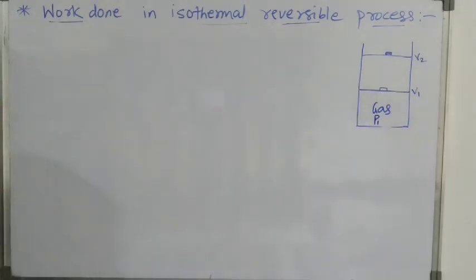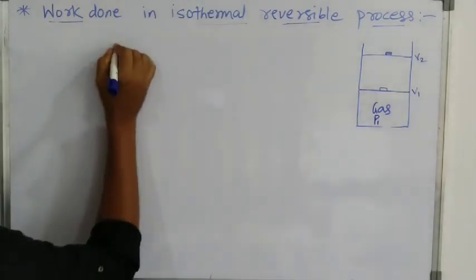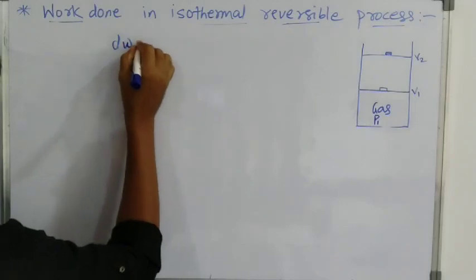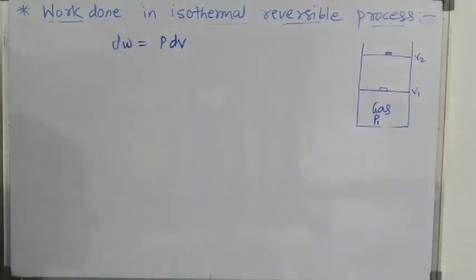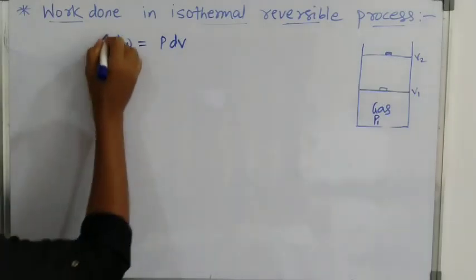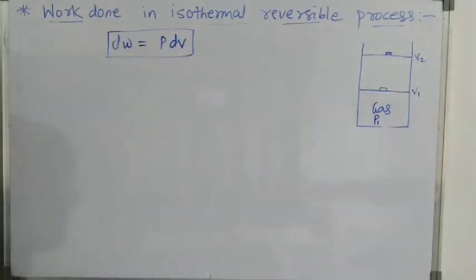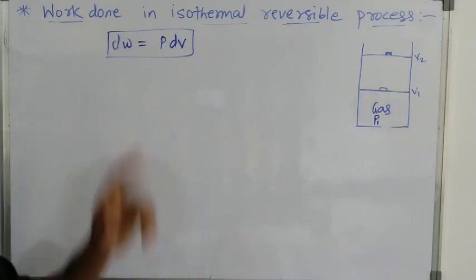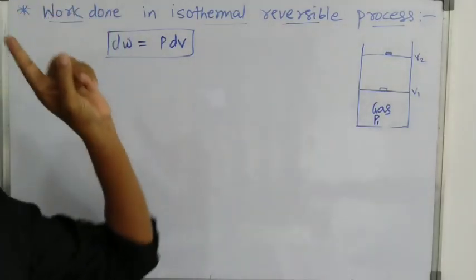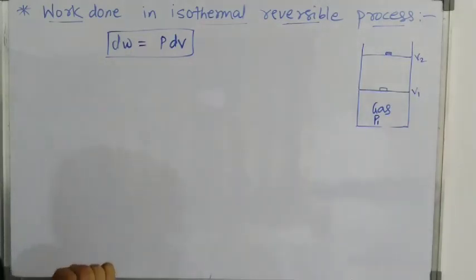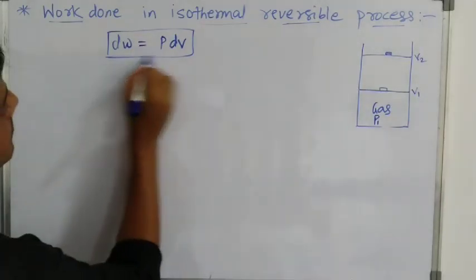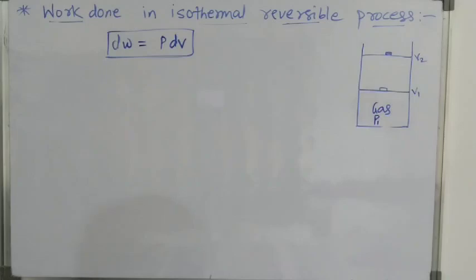Now, in the previous concept we have determined the work, delta W is equal to P into delta V. This is the work done in one step, that is work done in an irreversible process. In the previous lecture we determined this equation for a one step process.